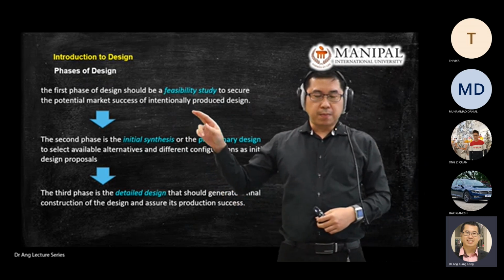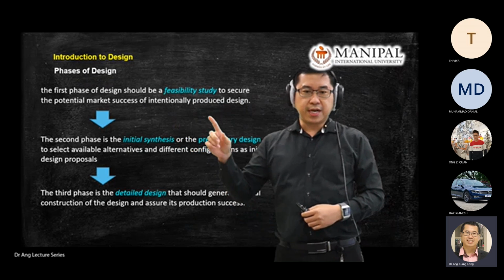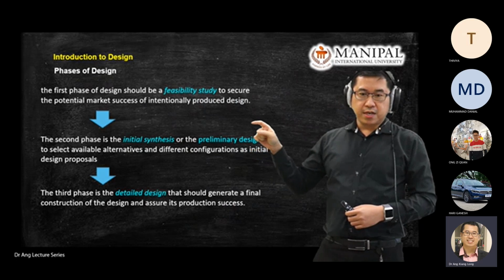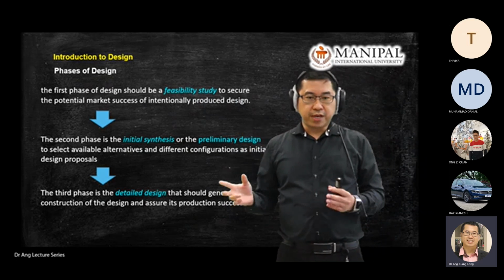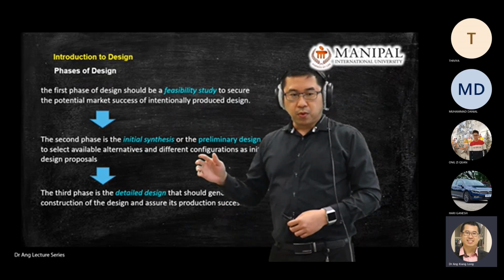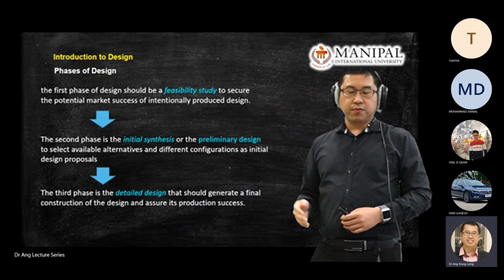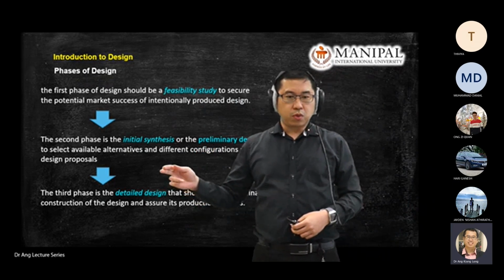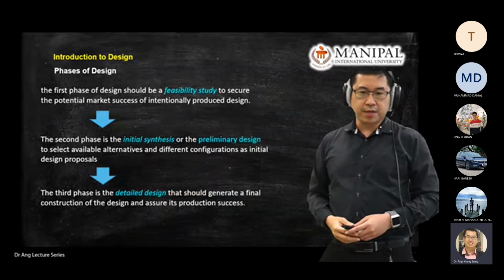So in the previous semester, you have done all these things. You have done feasibility studies, you have done preliminary design, and you have come out with a final design. For this semester, for these 2 weeks and 3 weeks, you will spend a lot of time doing the detailed design.